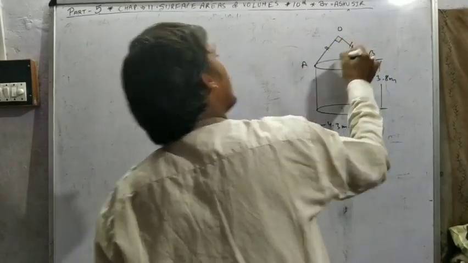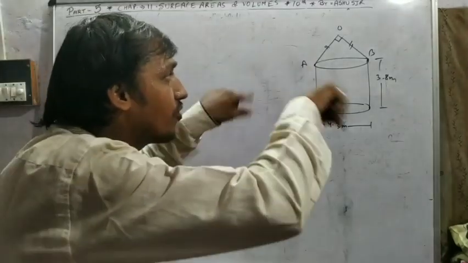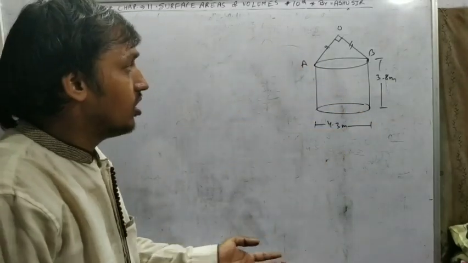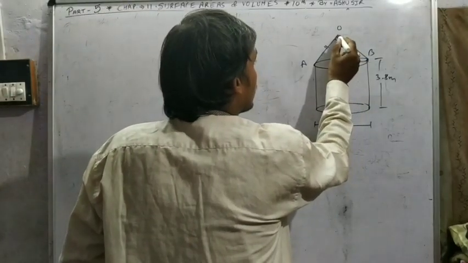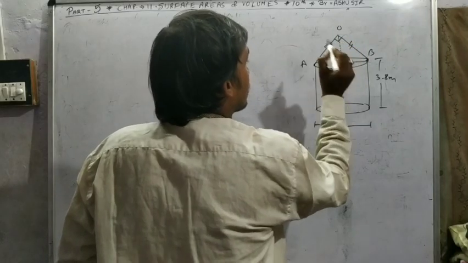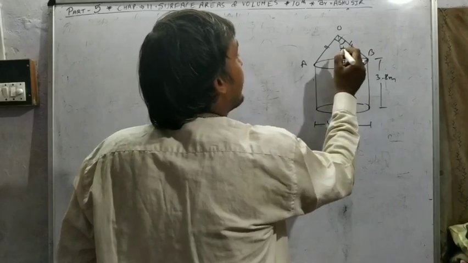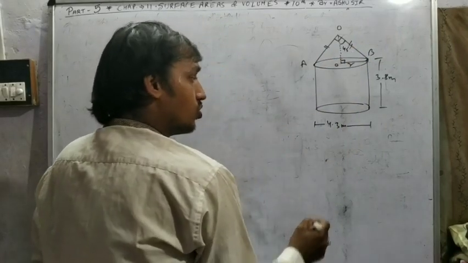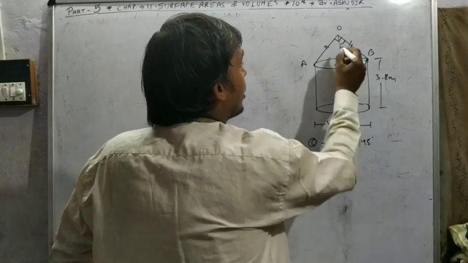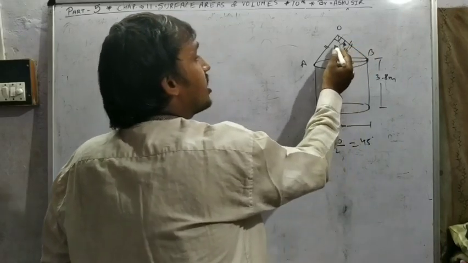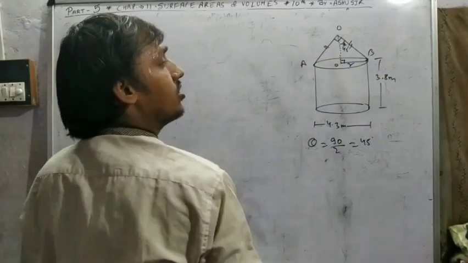You know these two are equal because both are the slant height of the cone. And this is the radius. This angle is 45 degree. Why? Theta is equal to 90 by 2, 45 degree, because this is the bisector of the isosceles triangle AOB.